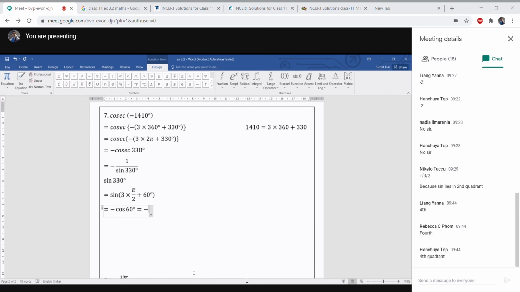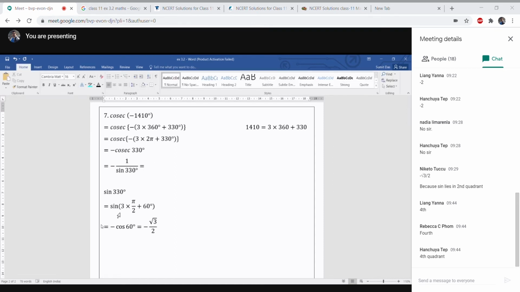It is 1 by 2. So this is sine 330 degree. So what will be the value of this one? We can put the value directly. You can do this one in rough. Okay, here I can't show in the rough. Let's try to show you.